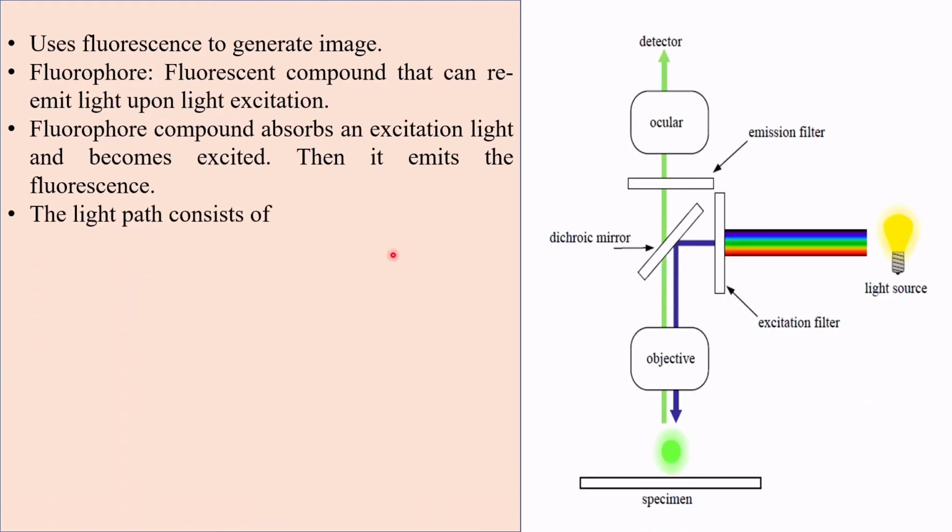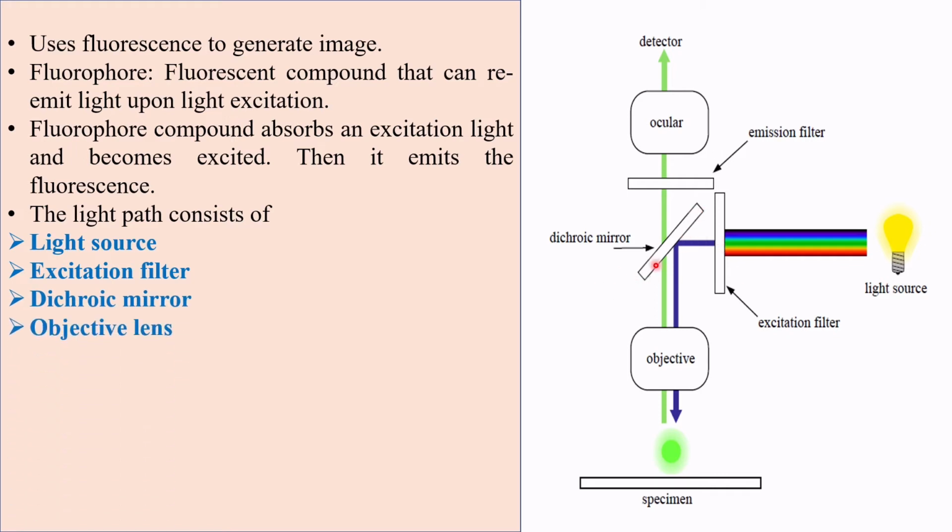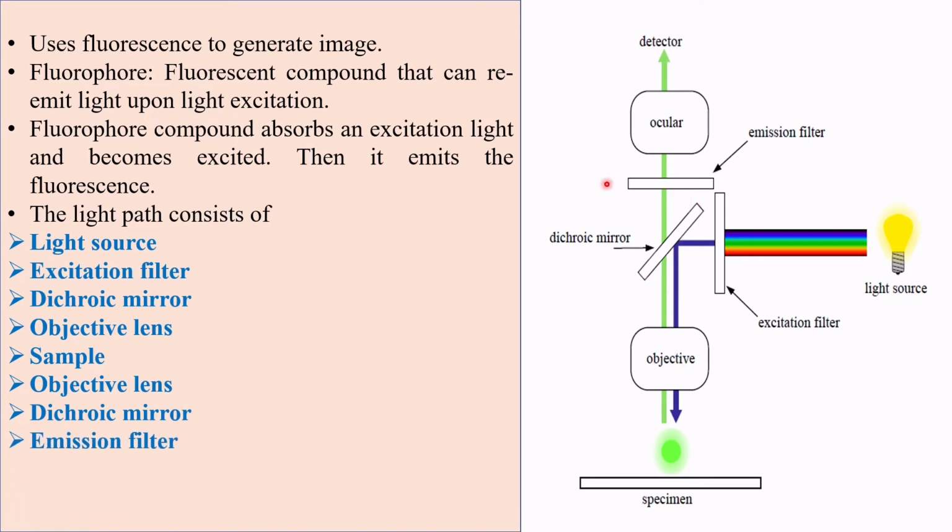The light path of a fluorescence microscope consists of the light source, excitation filter, dichroic mirror, objective lens, sample, objective lens, dichroic mirror, emission filter and ocular lens, and lastly the detector.